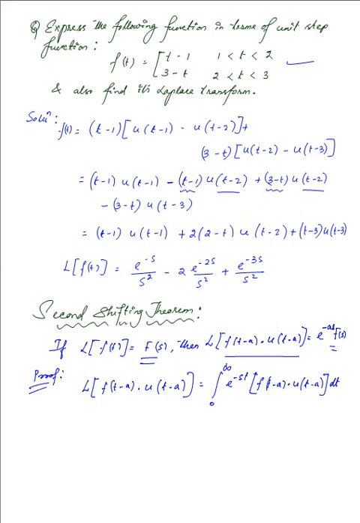Now we take it one by one. So for the function of t minus a, we put the limit from 0 to a. Now because it is within that a, as per the definition of the unit function, f of t minus a remains as such.